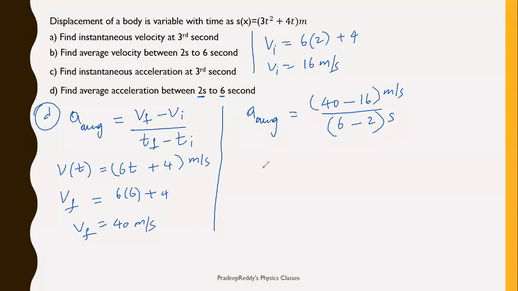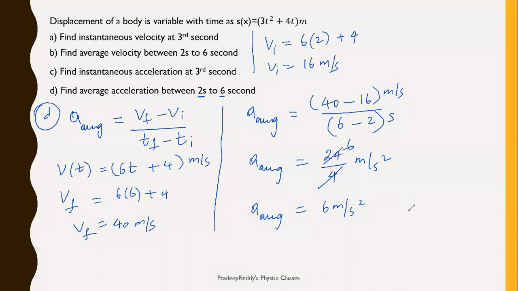Therefore A average is equal to 40 minus 16, it is 24, divided by 6 minus 2, it is 4, meter per second square, right? What is this value? 4 sixes are 24. Therefore A average is equal to 6 meter per second square.